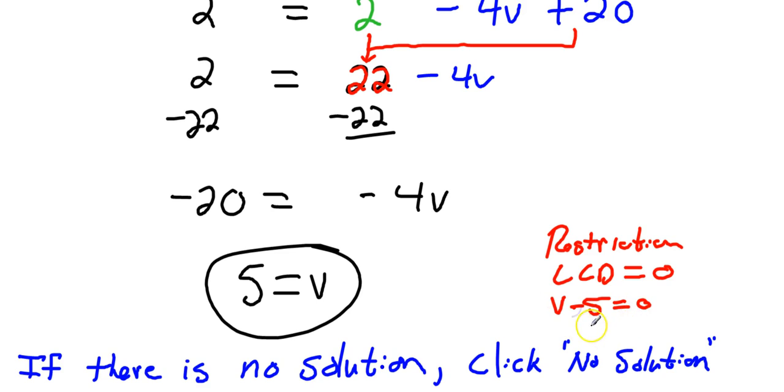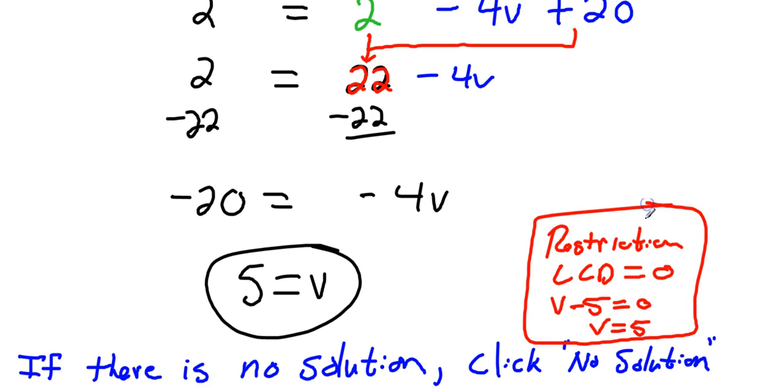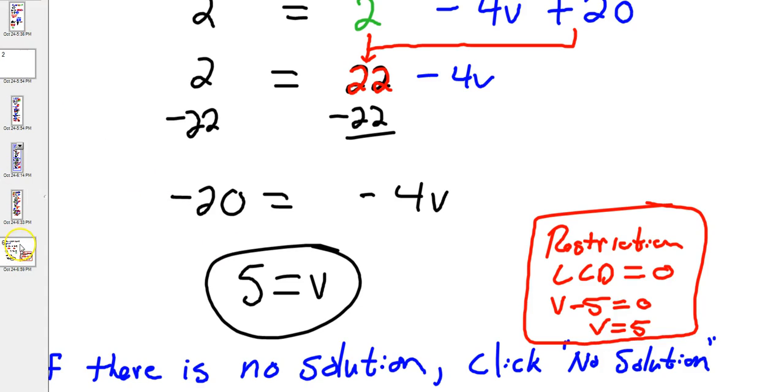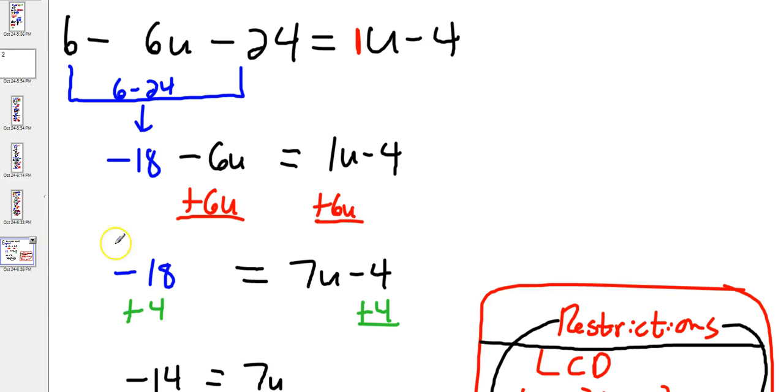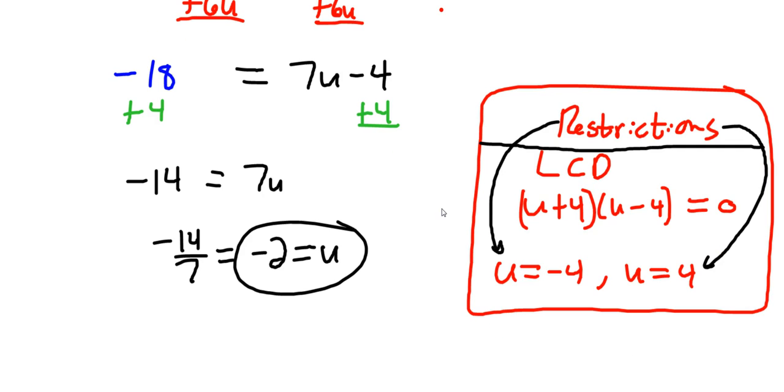So if we solved that one, we would have had the restriction that v equals 5. And as soon as we had that, we didn't have to plug it back in. We could say that one's got no solution. So that might be easier than having to go back and plug it back in. If you'd rather plug it back in, you can, but that's one small thing you can do that might speed this problem up a little bit instead of having to go back and actually check it there.